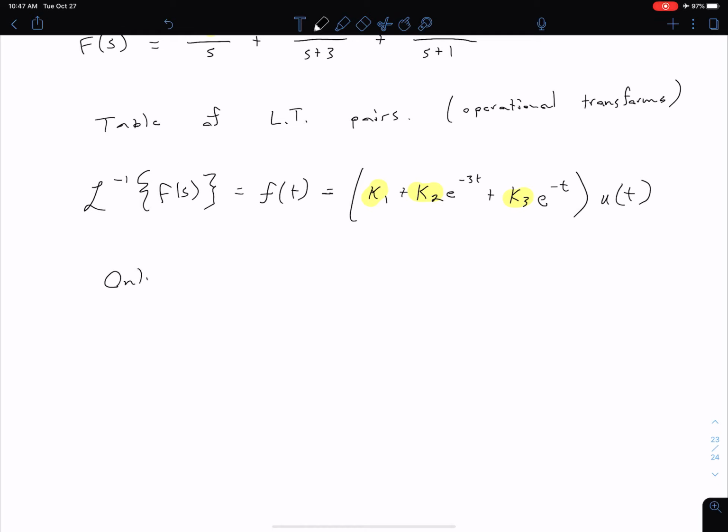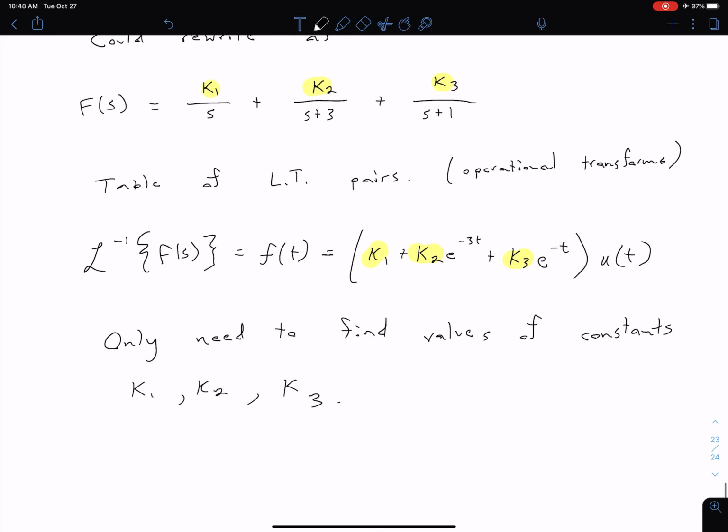So we only need to find the values of our constants k1, k2, and k3. Once we know these three constants or coefficients as we see them in our time domain equation, we know the answer to our inverse Laplace transform.